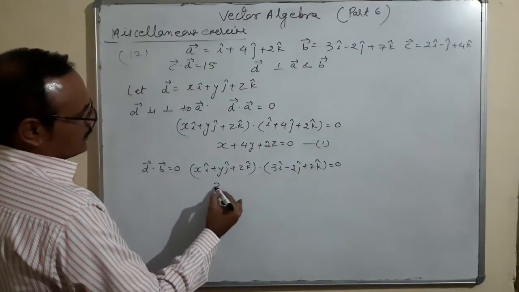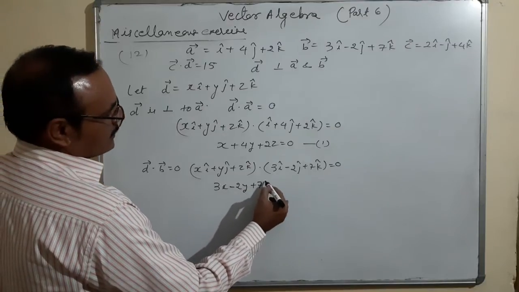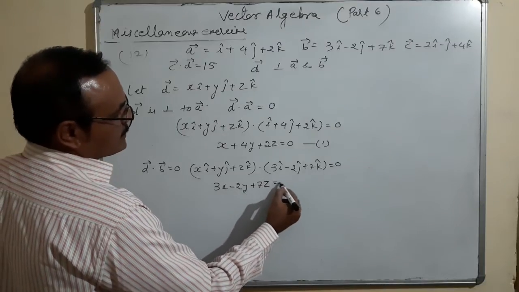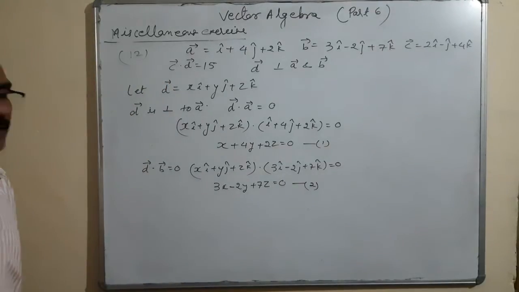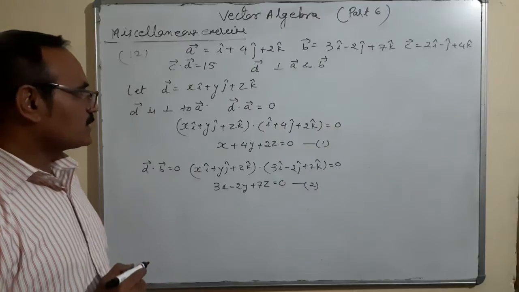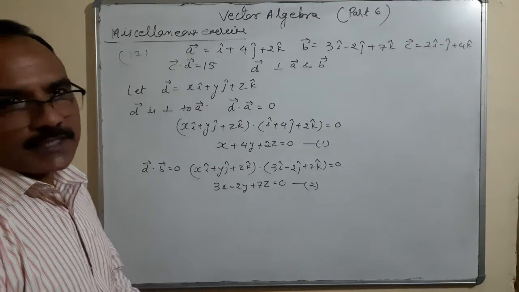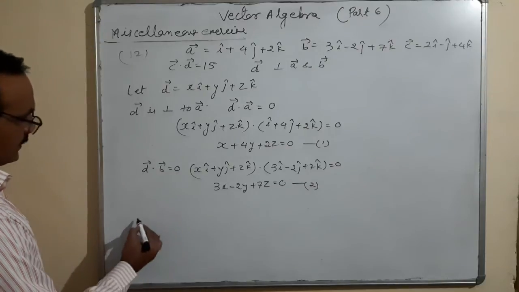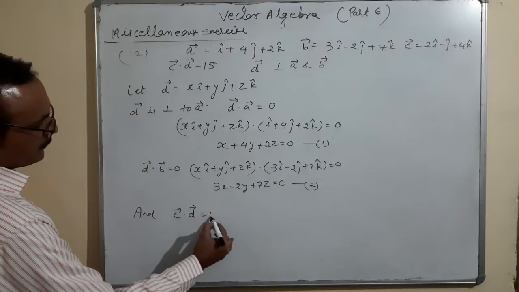So that is, when we compare, 3x minus 2y plus 7z is equal to 0. Equation number 2. Okay, there are two equations. Third equation is c dot d is equal to 15. It is given, vector c dot vector d is equal to 15.